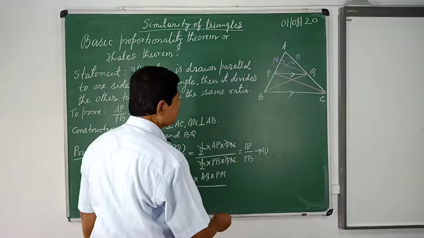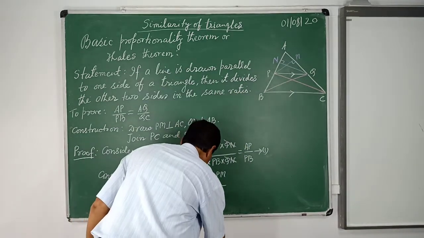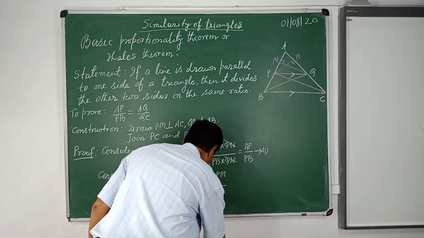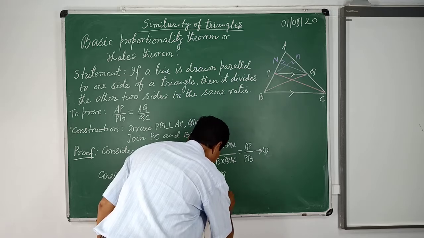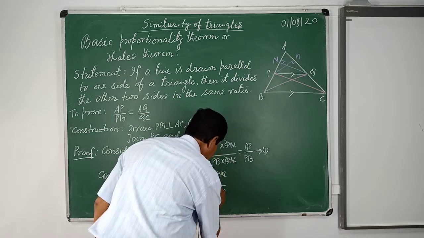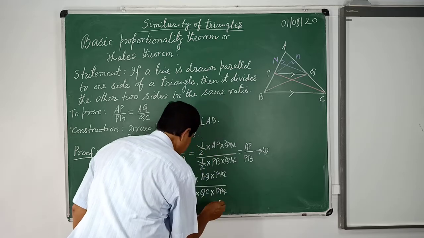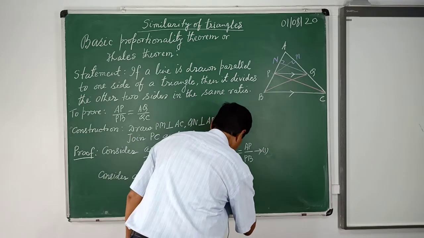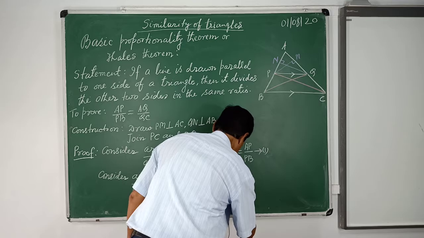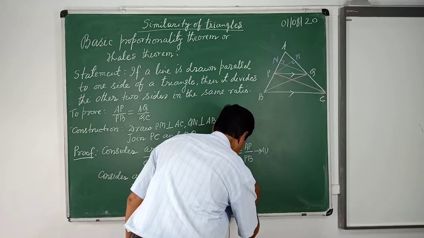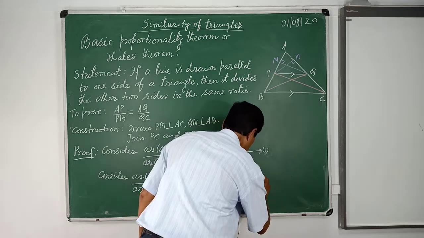So CQ into PM. Likewise, PM gets cancelled, half gets cancelled, that is equal to AQ by QC. Number 2.